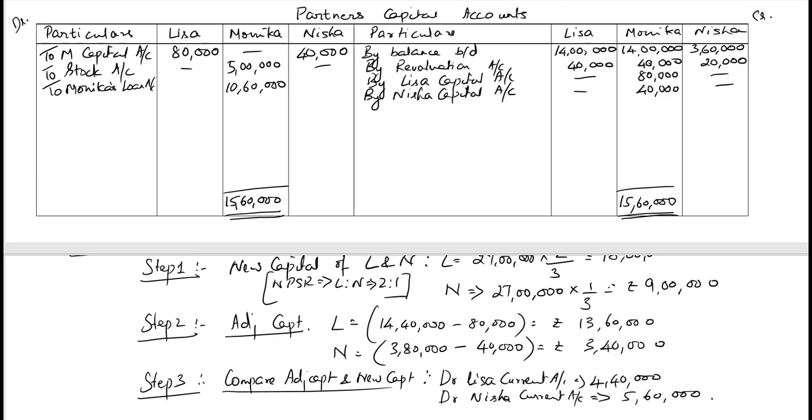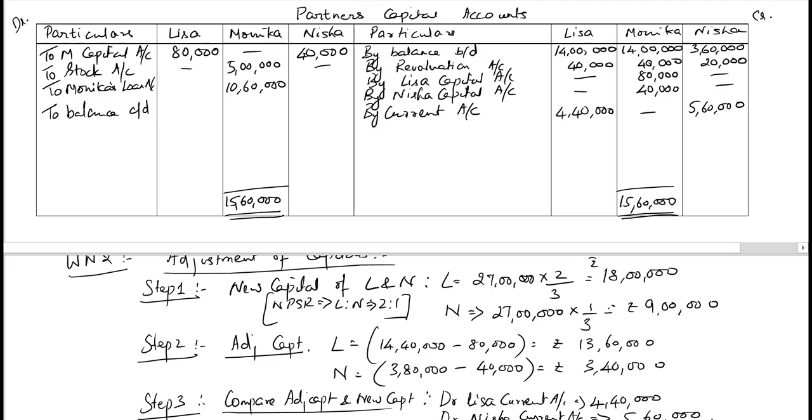Let's go ahead with the adjustment of capital. We need to debit Lisa's current account and credit Lisa's capital account, so by current account 4,40,000, and we need to debit Nisha's current account and credit Nisha's capital account with 5,60,000. Let's write the balance carried down, the amount of the new capitals. As per the sum, it was 18 lakh for Lisa and 9 lakh for Nisha.